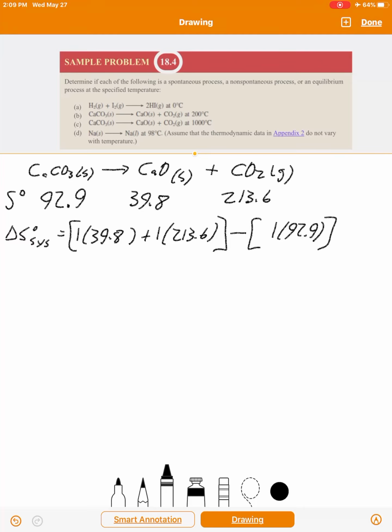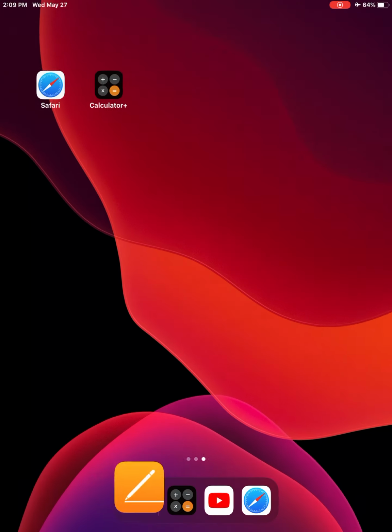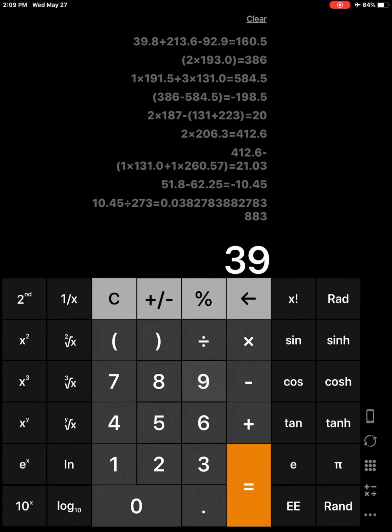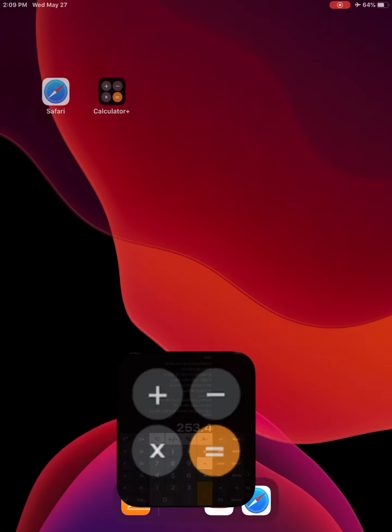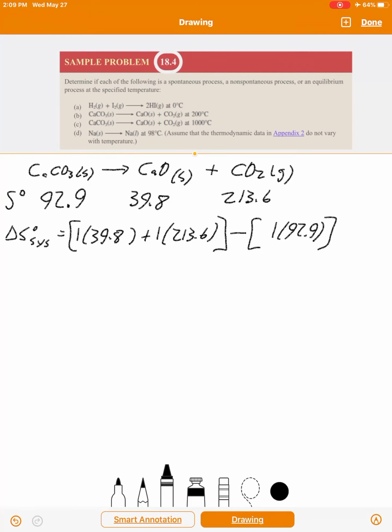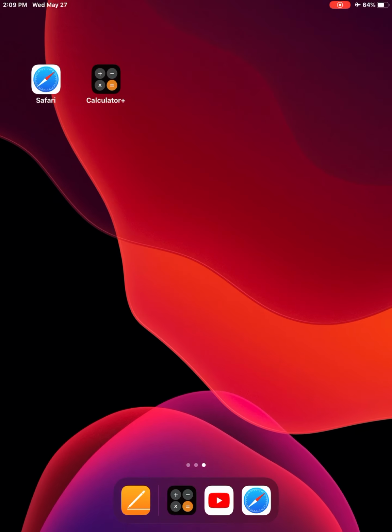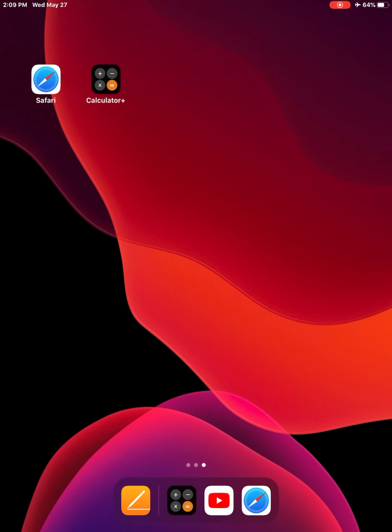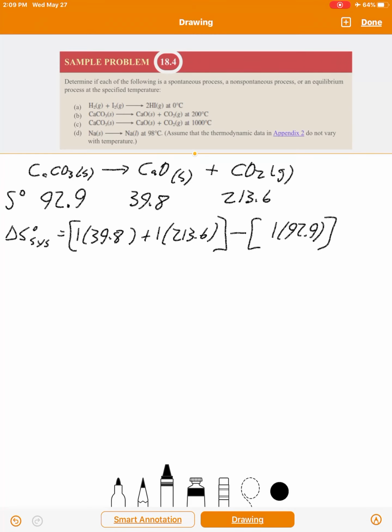So 39.8 plus 213.6 minus 92.9 is 160.5. Fair enough. Again, that's joules per kmol.